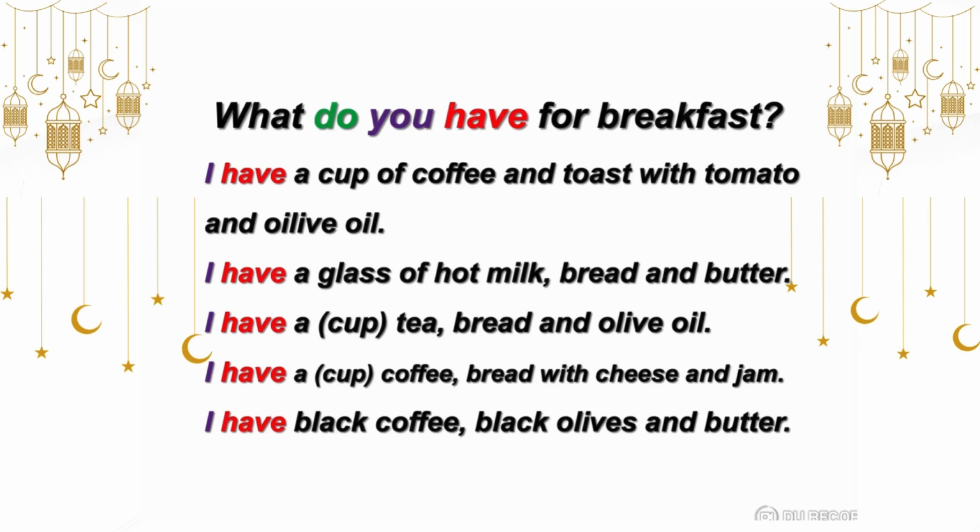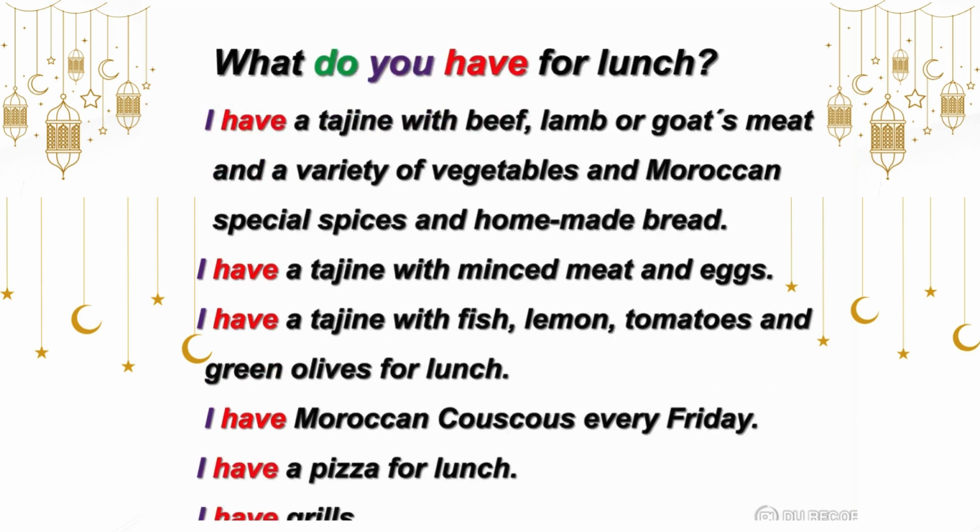I have a cup of coffee or a coffee, bread and cheese and jam. And the last answer, I have black coffee, black olives and butter. So you see that the answer, we have subject, verb and the complement. So to practice these examples, let's go to the next slide. In this slide we have, what do you have for lunch?